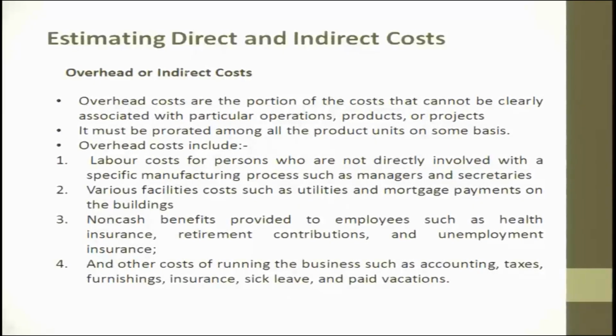The overhead cost or the indirect cost is the portion of the cost that cannot be clearly associated with a particular operation, product or project. It may be prorated among all the product units on the same basis.